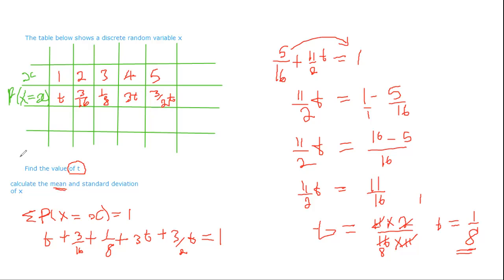For the mean, we are going to use the formula: mean is given by the summation of x multiplied by probability values. So we are going to create a column for x, then x times probability.